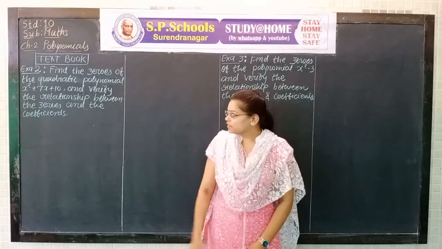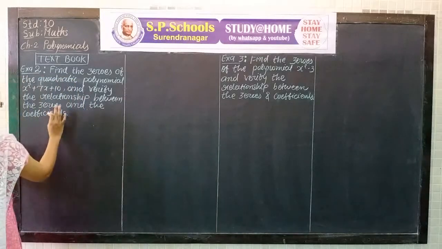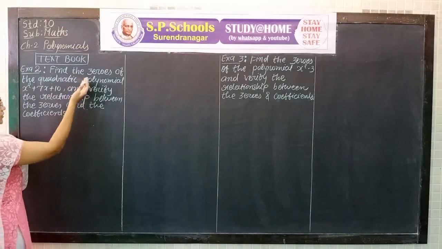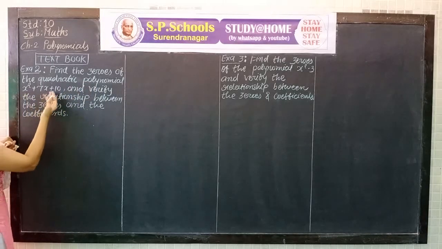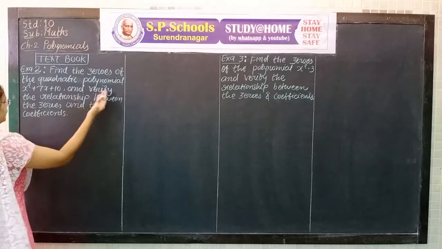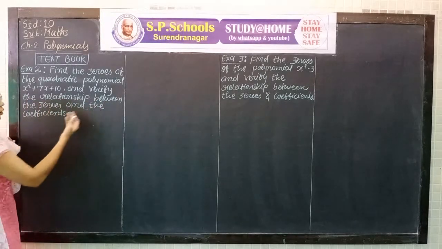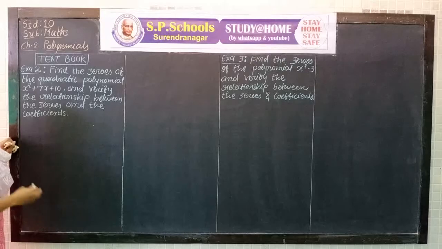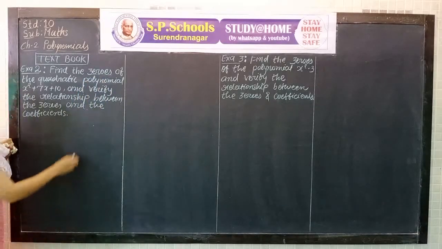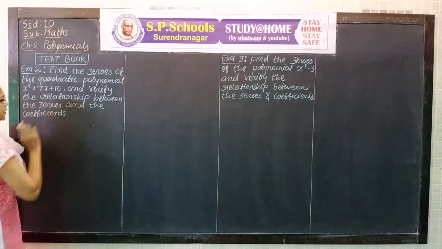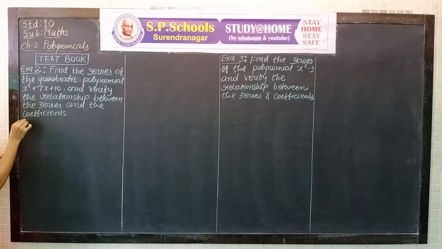Let's see the textbook examples. Example number 2. First of all, see the question. Find the zeros of the quadratic polynomial x square plus 7x plus 10 and verify the relationship between the zeros and the coefficients. Again, there are two questions. First is find the zeros and second is verify the relationship. First of all, we write the given polynomial.